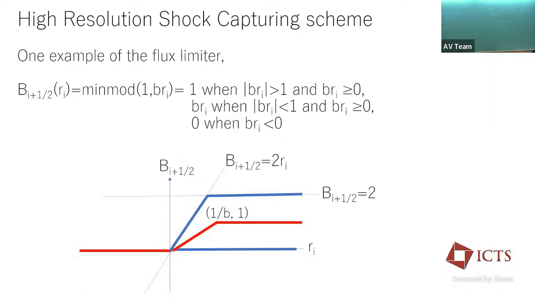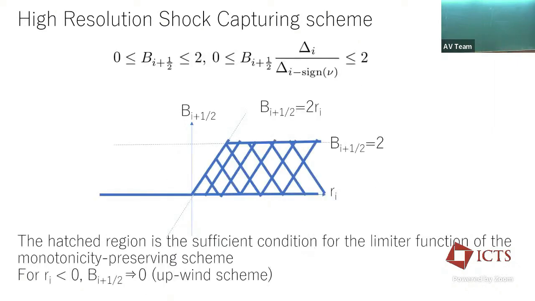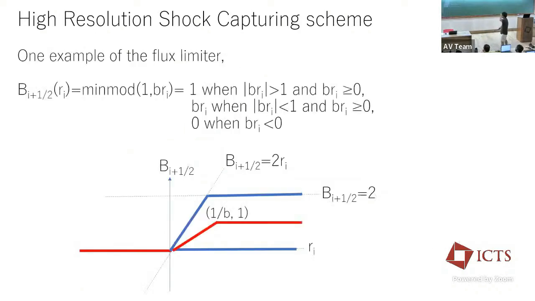This is the concept for the limit function, but you still have a freedom to choose a functional form of the b_{i+1/2}. Here the blue hatched region is the allowed region to get the monotonicity preserving high order scheme. So one example of a flux limiter is called the minmod function, which is given by the minmod of 1 and b R_i. So the minmod function is given like this.